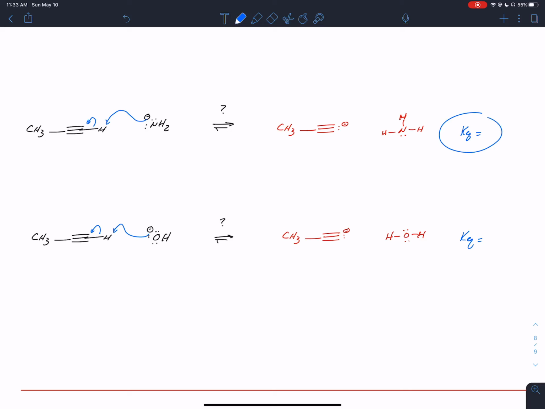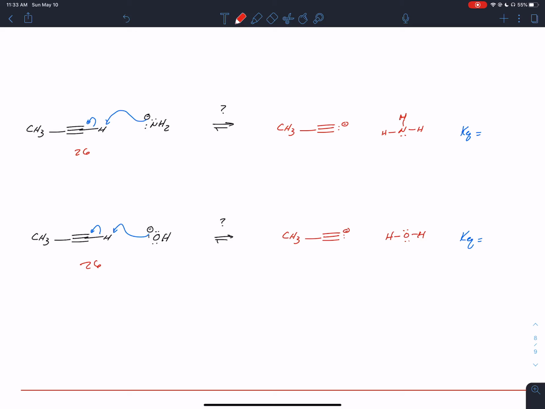Now, we're going to calculate KEQ and use the approximation that we did in our last video to figure out, are these reactions product favored or reactant favored, and to what extent? So we're going to use the pKa value 26 for the terminal alkyne. Some resources say 25 or 26.